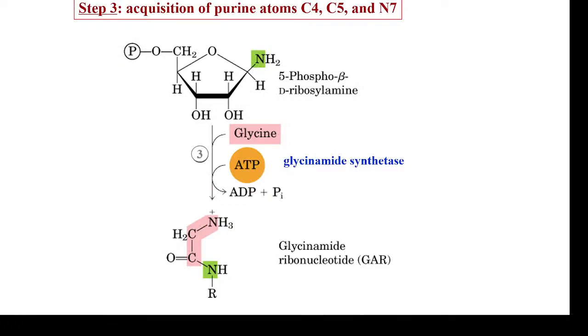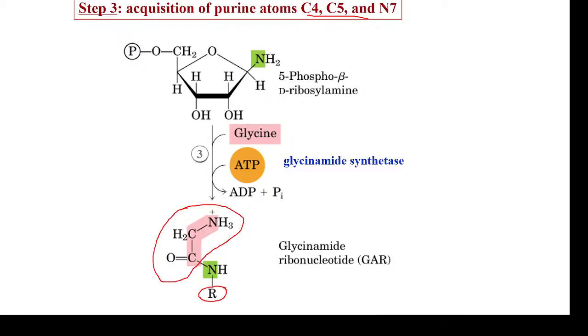In step 3, glycine is going to add C4, C5 and N7 on 5-phospho beta-D-ribosylamine. Here the alphabet R refers to ribose 5-phosphate.